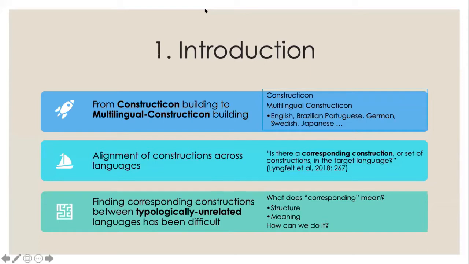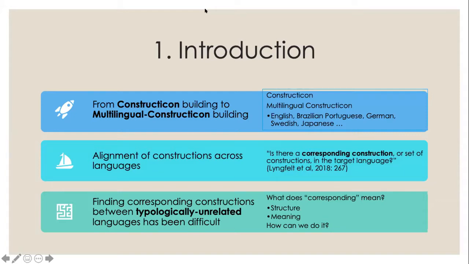And actually, based on the analysis of English, Swedish, and Brazilian Portuguese, Lyngfelt et al. 2018 proposed a 4-step comparison of constructions. And their first step is to ask the question, is there a corresponding construction or a set of constructions in the target languages?